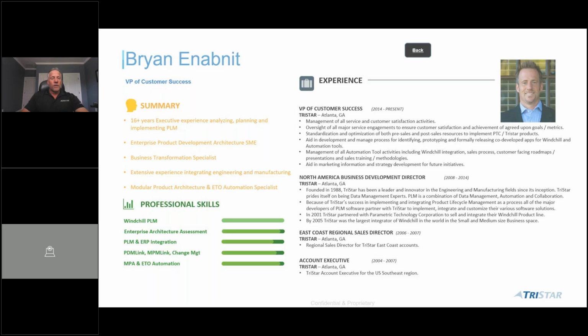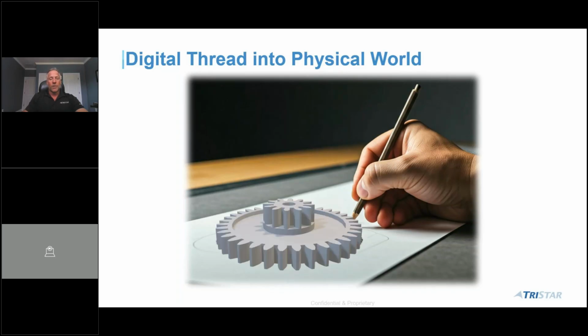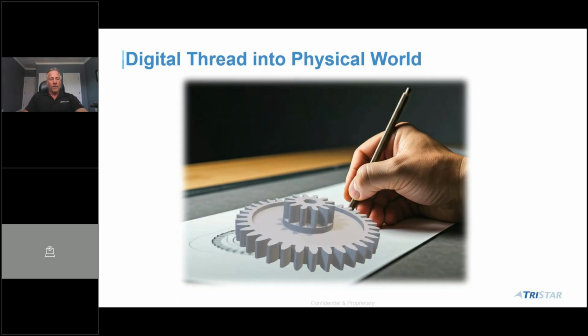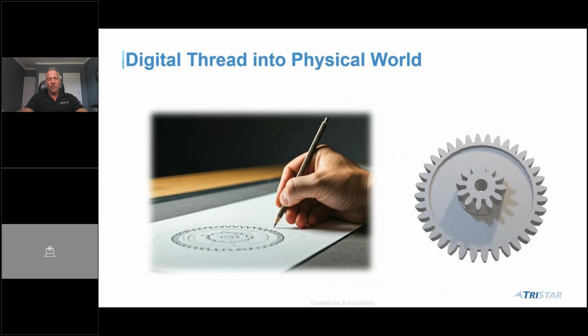So when you look at the digital thread and transferring that into the physical world, the common topic of discussion is transferring that documentation and managing all of that as we get in with our customers. One of the things we want to clarify is how you do that correctly.